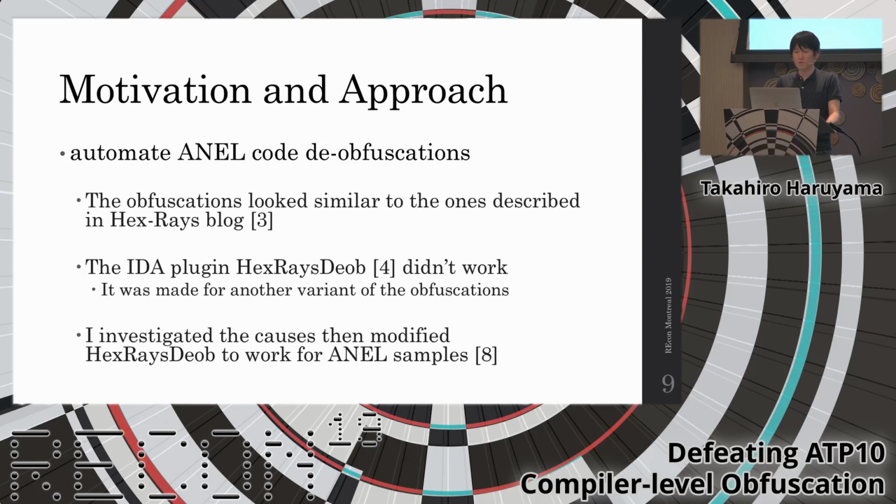My motivation is to automate ANEL code de-obfuscation. In initial research, the obfuscations looked similar to the ones described in the HexRaysDeob blog, but the introduced plugin HexRaysDeob didn't work because it was made for another variant of the obfuscations. So I investigated the causes, then modified HexRaysDeob to work for ANEL samples.